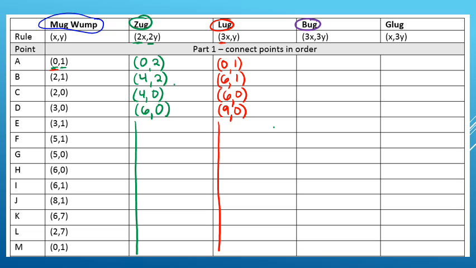So now with Bug, I have (3x, 3y). So again, I'm referring back to Mugwump's coordinates here. 3x, 3y means I'm multiplying both coordinates by 3. So 3 times 0 is 0, 3 times 1 is 3. Next one, 3 times 2 is 6, 1 times 3 is 3.